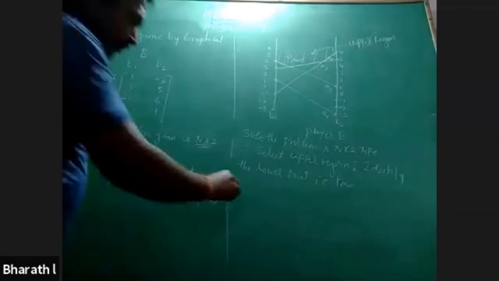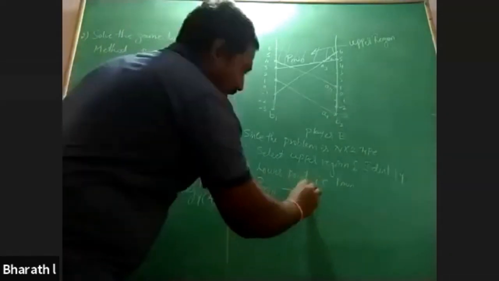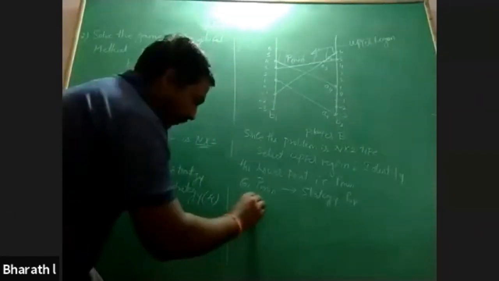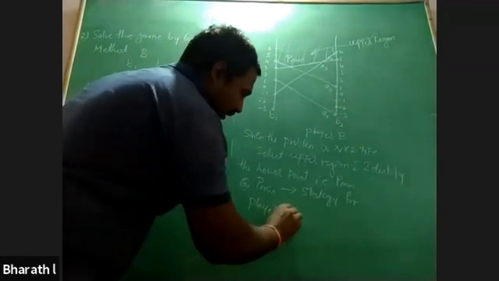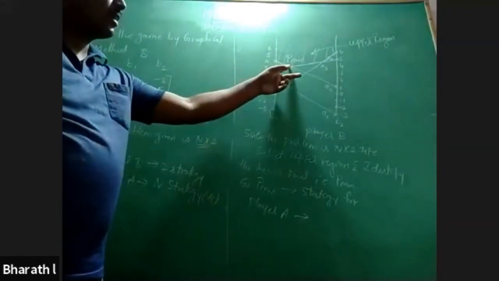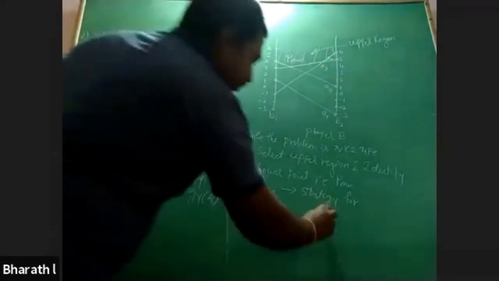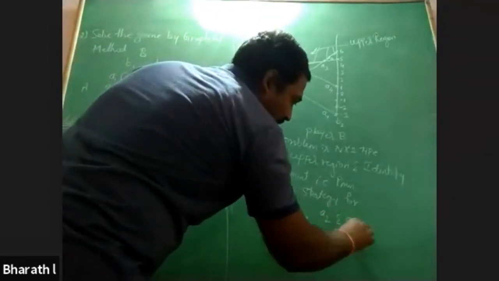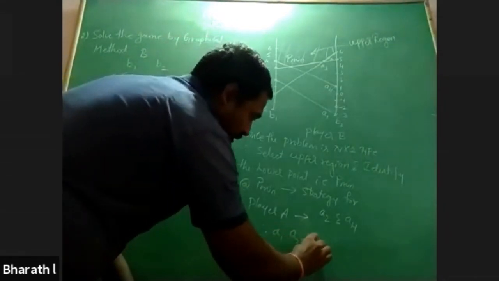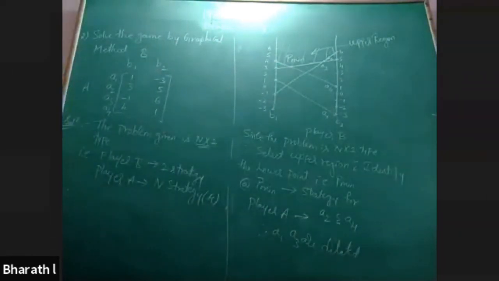At the point P minimum, the strategy for player A is A2 and A4. Therefore, strategies A1 and A3 are deleted. That is the left out strategy we need to delete.